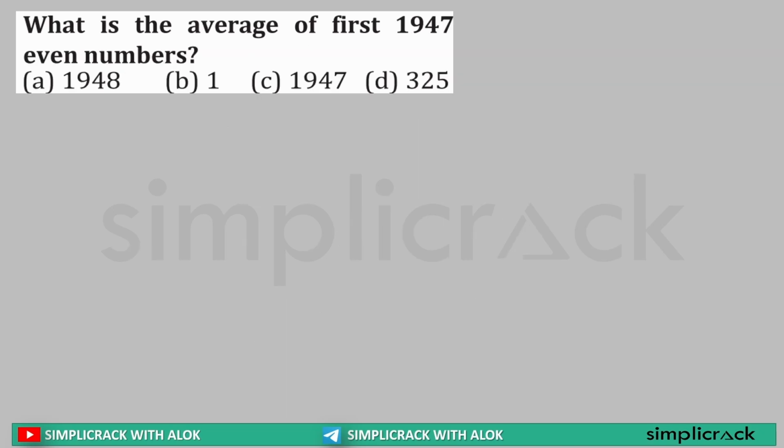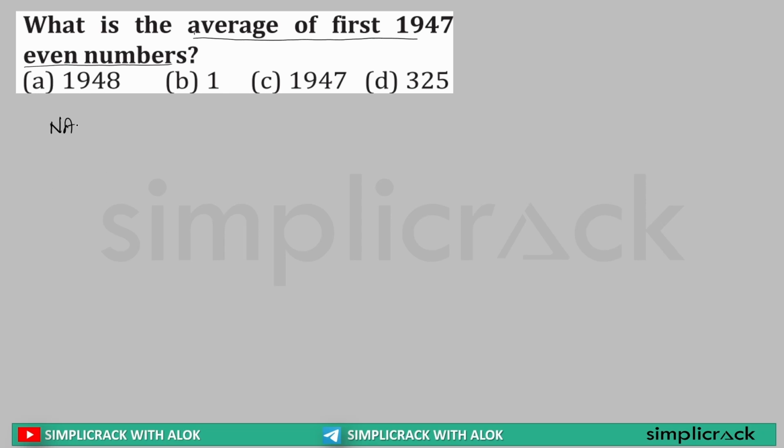Okay, let me complete the first even number, then I will tell you the simplest formula through which you can calculate the odd number and even number averages. Now, it is saying, what is the average of the first 1947 even numbers? Now understand this.